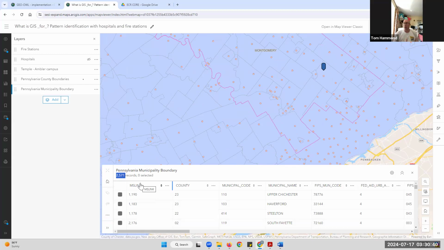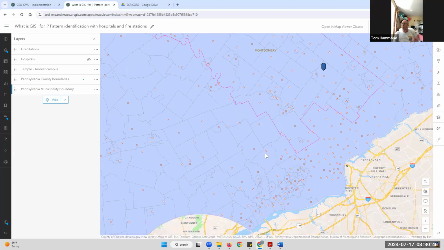And if you run the analysis, you'll see it's about two thirds have a fire station inside, only one third don't, and the one third that don't are typically served by something that's immediately adjacent or something that it's enclosing or something that it's enclosed by, as you can see in some of these examples out here in Chester County.